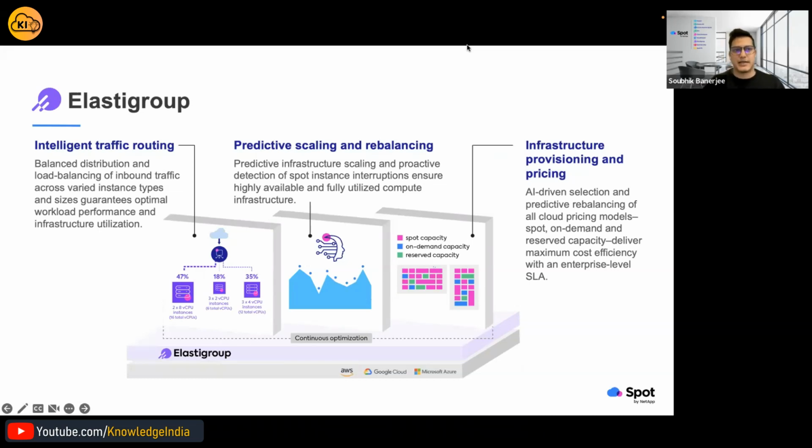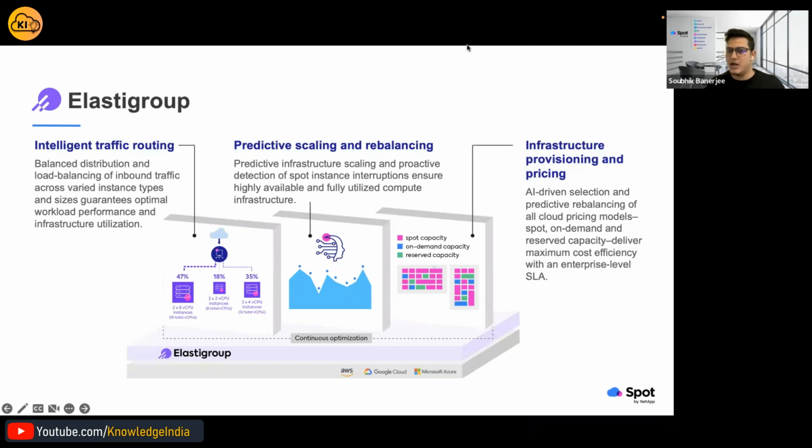In such a case where we detect that an interruption is about to happen on a Spot instance, and we are not able to find a Spot instance available to launch your application in, we have a mechanism to fall back to on demand, so that you get the availability. However, we still keep checking if the Spot instance is available again.